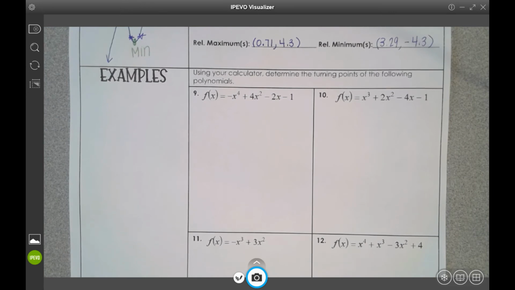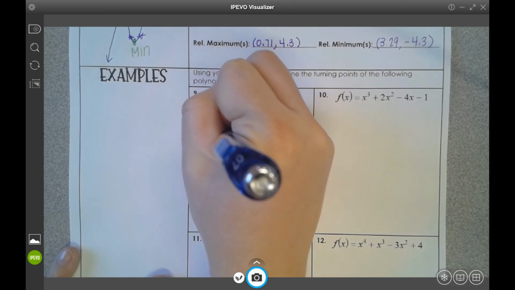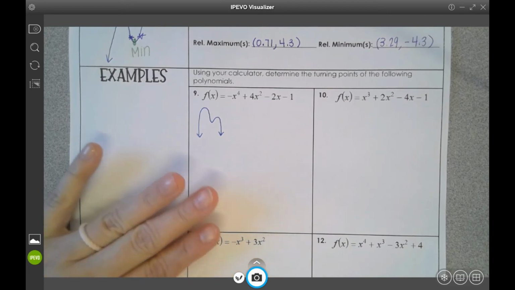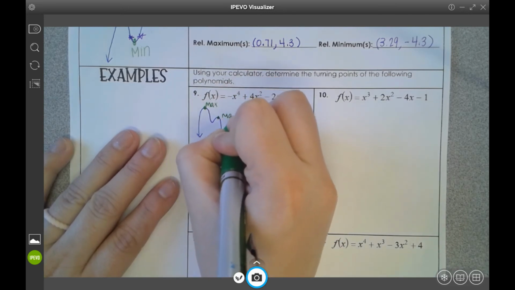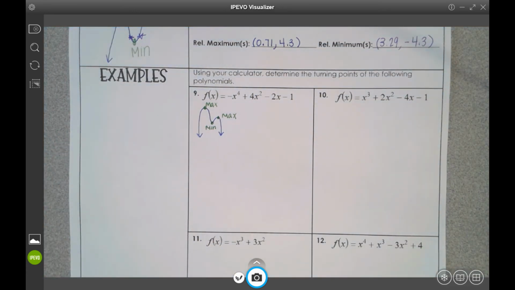All right, so negative x to the 4th plus 4x squared minus 2x minus 1. So this one has 2 maximums and 1 minimum because it had 2 hills and a valley in between.